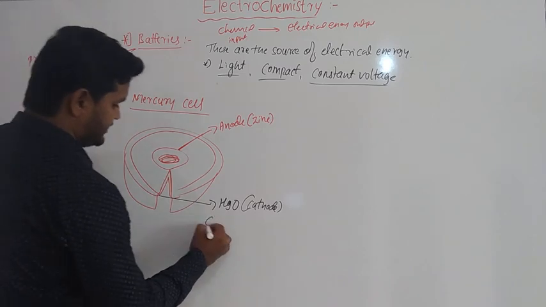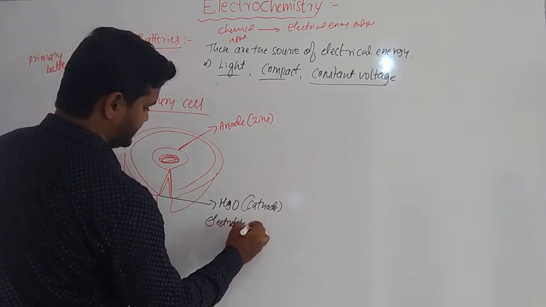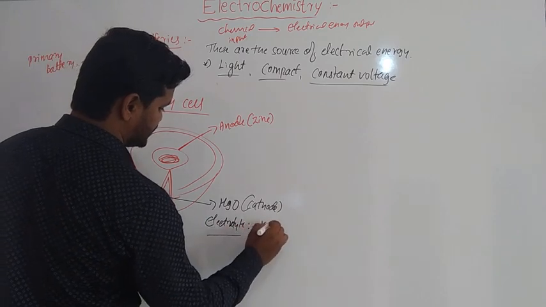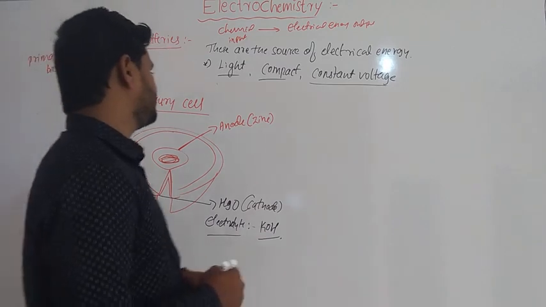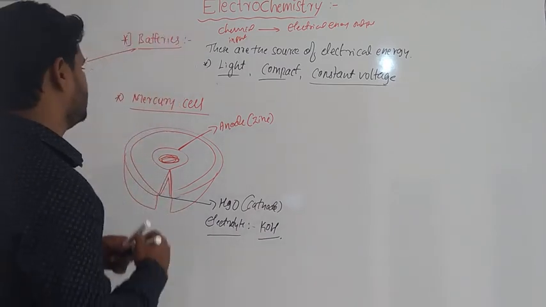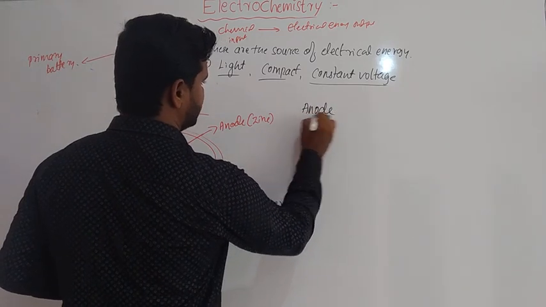And here the electrolyte used in this mercury cell is KOH.